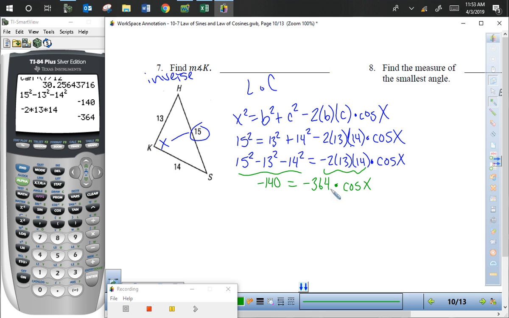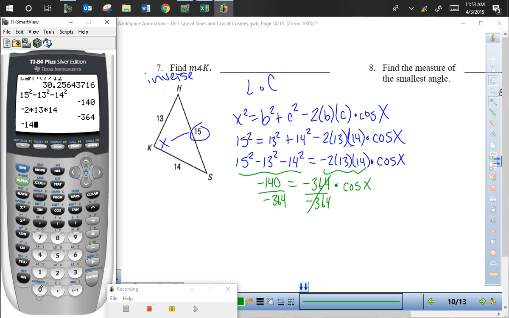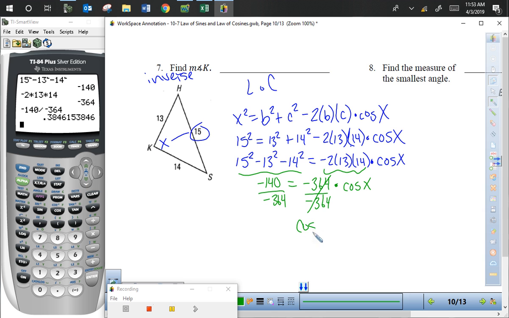Now, from here, it says times, so to get rid of this negative 364, we divide. That's calculator stuff again. Now, we see a really ugly decimal here because that's cosine of x. It's equal to this mess, 0.3846.